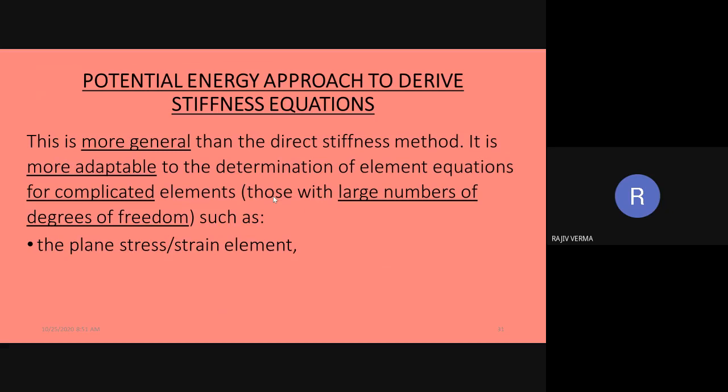But in this particular case, the deformation can be along two axes. It can be along the x-axis also, and along the y-axis also. Therefore, the degrees of freedom for each node are going to be 2. And since there happen to be 3 nodes, each triangular element is going to have 6 degrees of freedom.